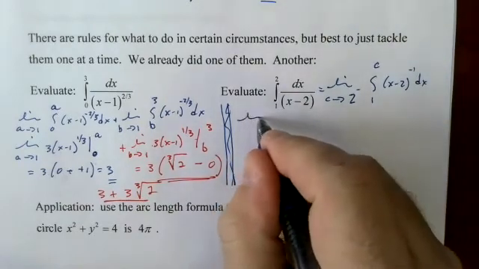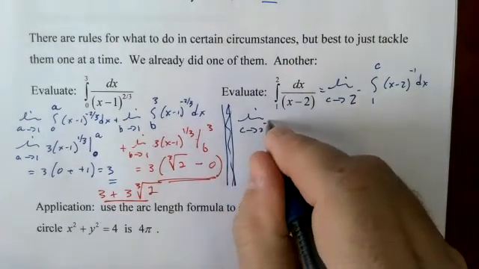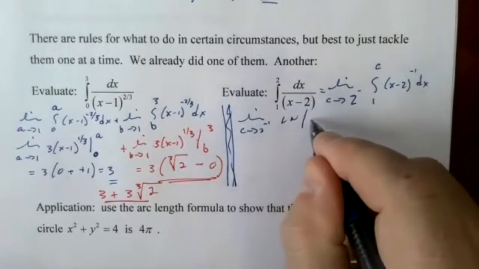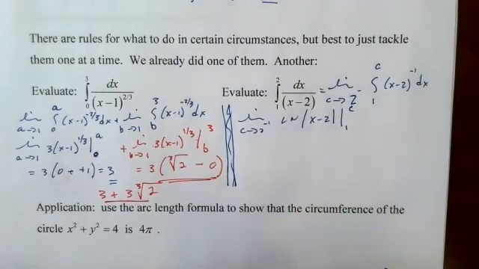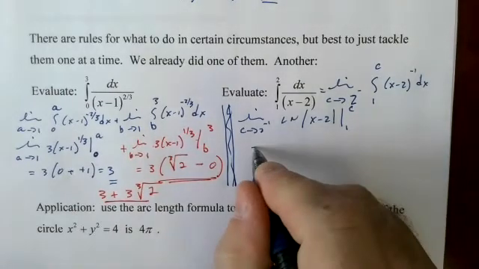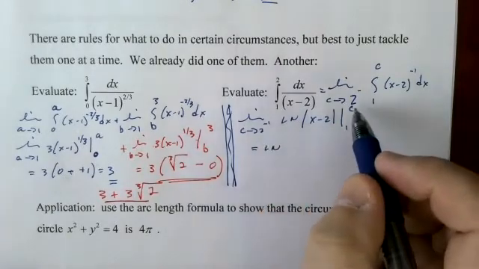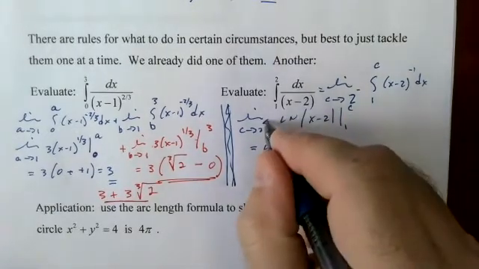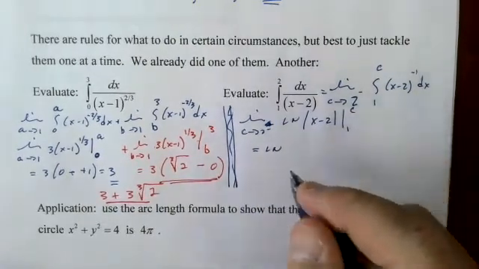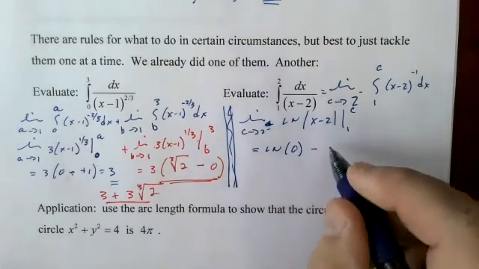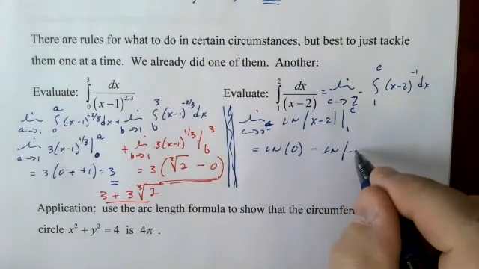I didn't have to do that because it's just a natural log problem. Limit as C approaches 2 from the negative side, ln of the absolute value of x minus 2, 1 to C, equals ln of the absolute value of 2 minus 2, which is 0, minus ln of the absolute value of negative 1.